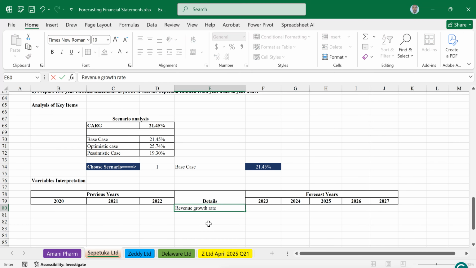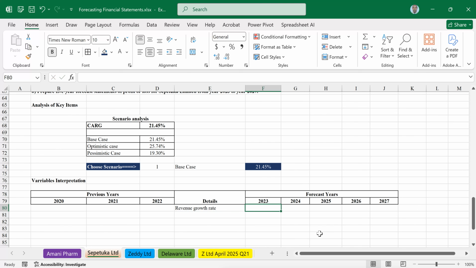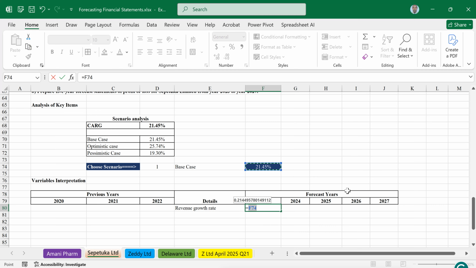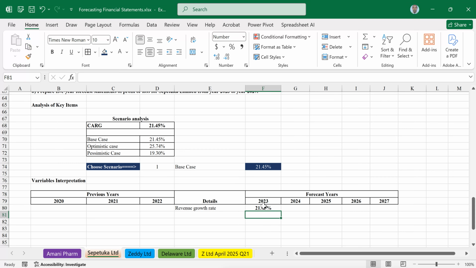Now the first one for 2023 will be equal sign, the CAGR for 2022. That will be 21.45.